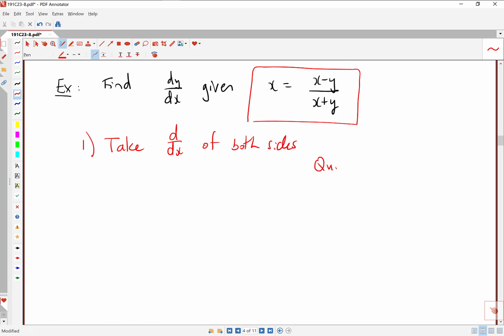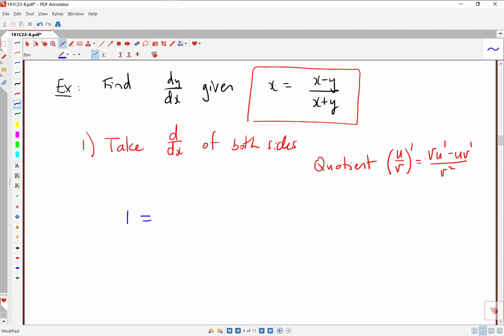So maybe not a bad idea to just remind ourselves of our quotient rule. If you want the derivative of u over v, start with the denominator. So it's v u prime minus u v prime over v squared. Okay, and we'll need to mimic that as we go through the calculation. So let's do our derivatives.